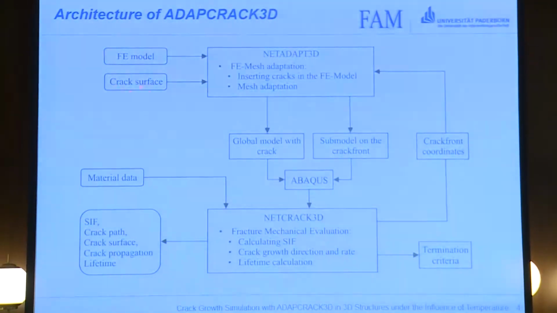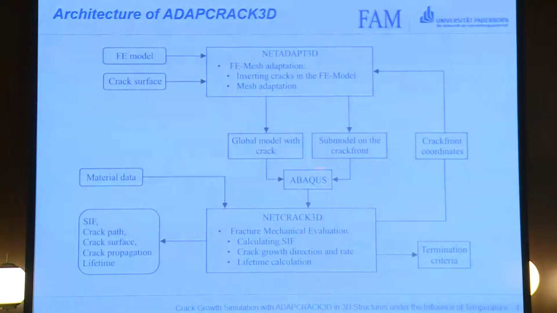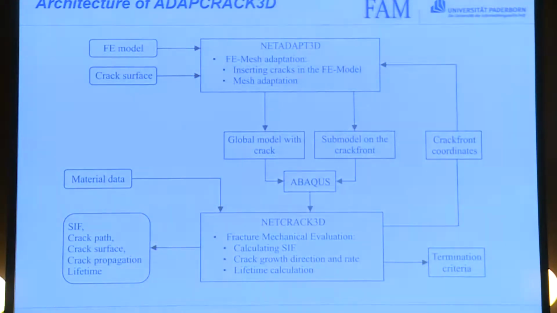So this is just a crack surface, it's not an open crack. And it will also create a submodel only on the crack front. Both these models will later be simulated in Abaqus, and the results will be taken by NetCrack3D. NetCrack3D also obtains material data which we take from experimental investigations, and using both these pieces of information, NetCrack3D does all the fracture mechanical evaluation, like calculating the stress intensity factor and so on.